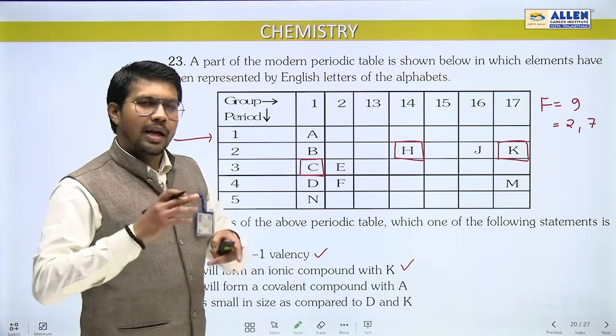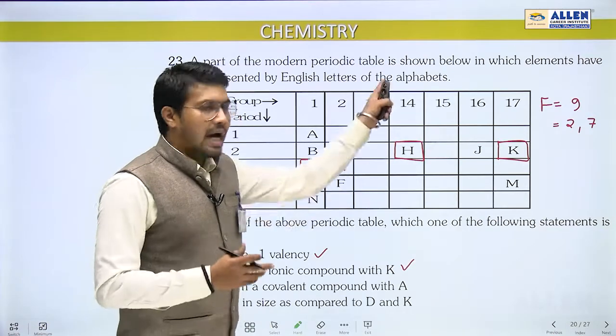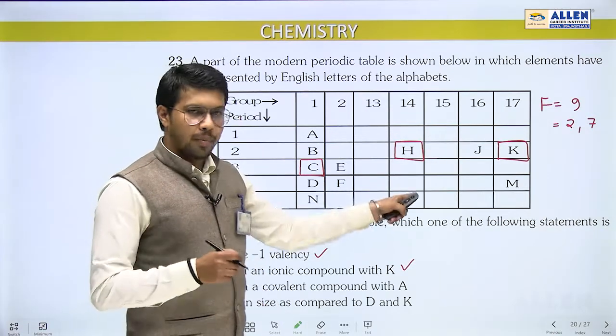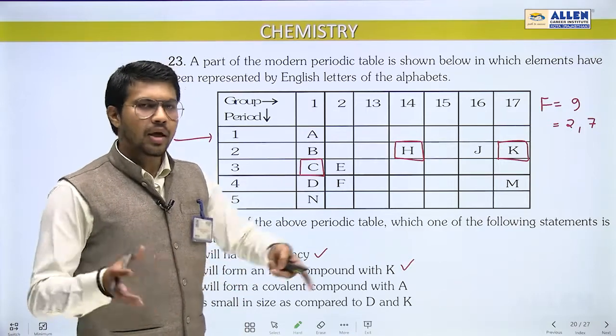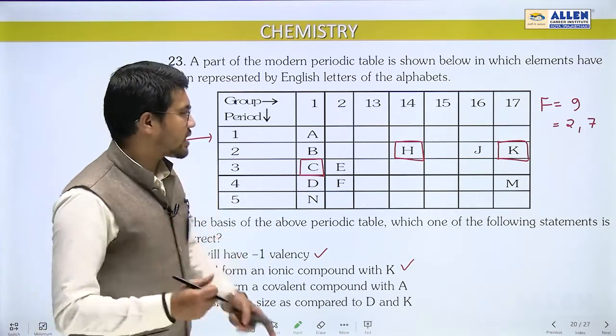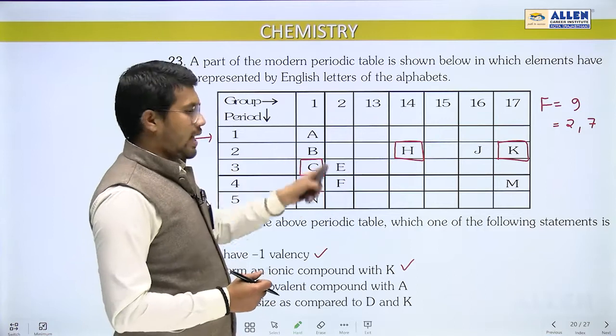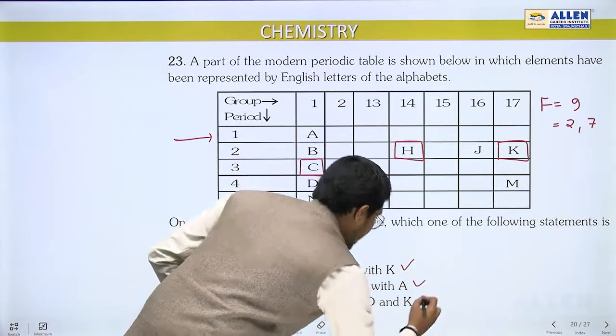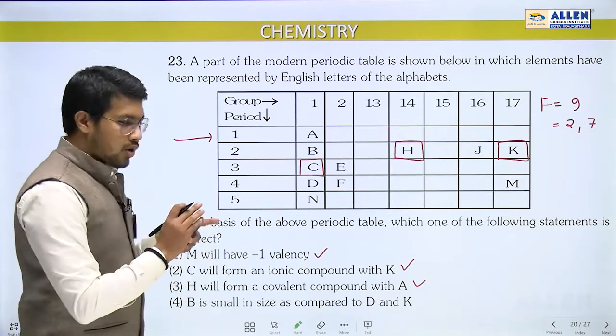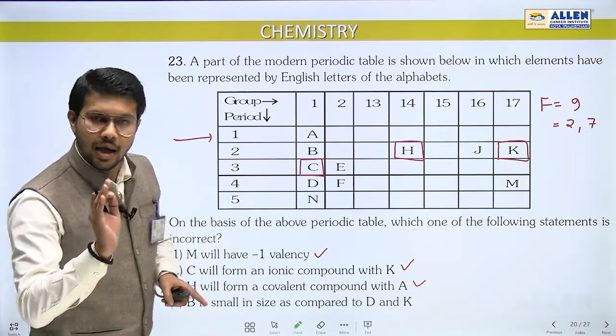Similarly, if carbon, which is an element of 14th group, combines with hydrogen, sharing of electron takes place and it forms covalent compound. So the third statement is also right. So statements 1, 2 and 3 are correct.